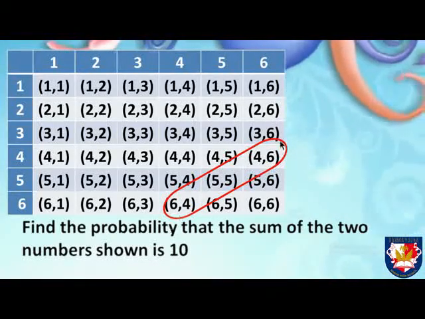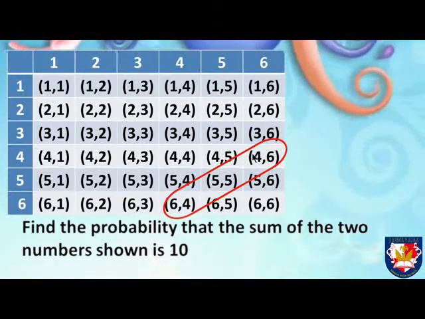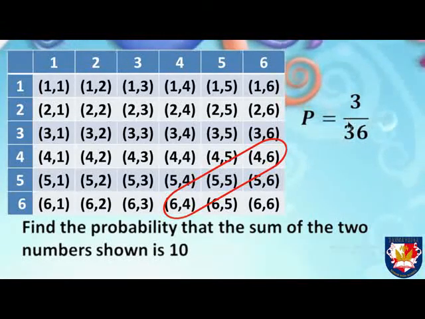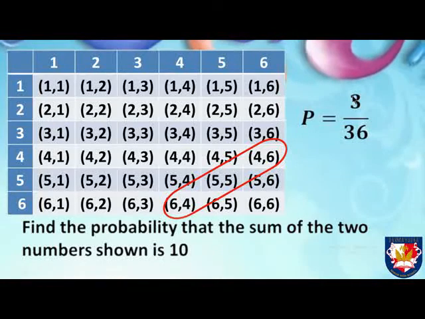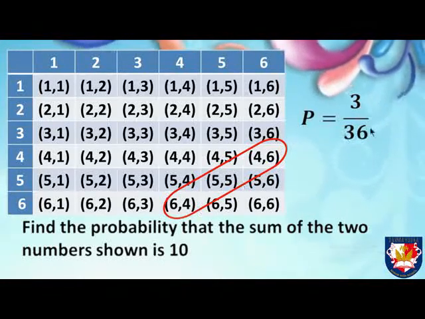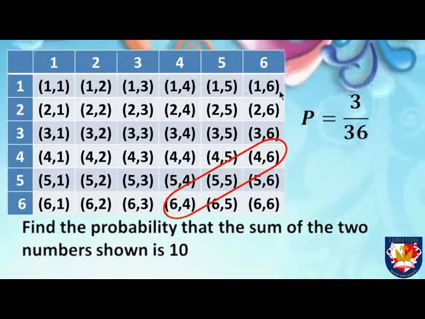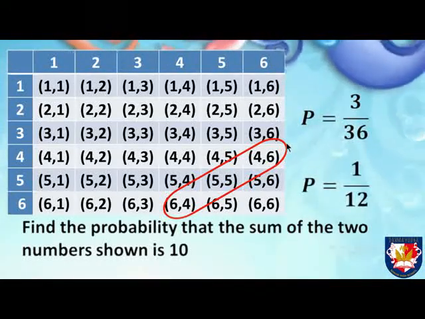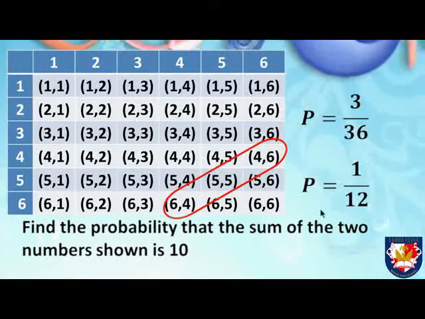So these 3 outcomes are the favorable outcomes. So the probability is equal to 3 per 36, the number of favorable outcomes over all the outcomes, so equal to 1 per 12 if you want to make it simpler.